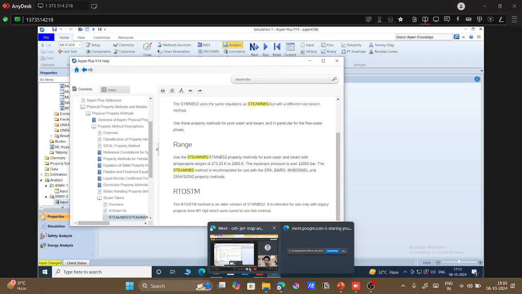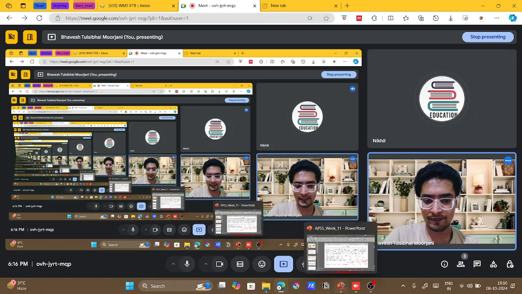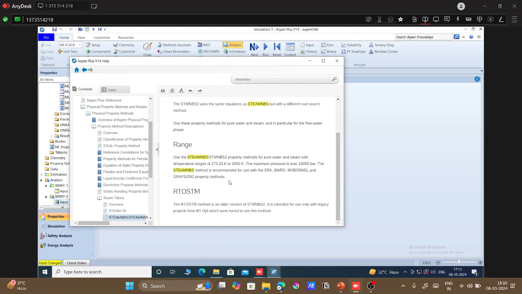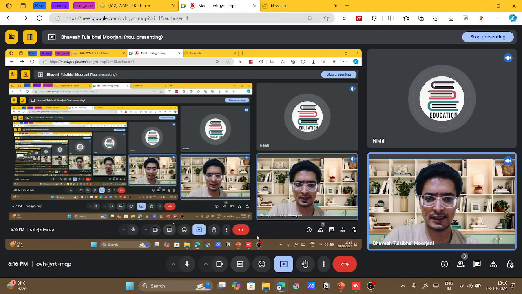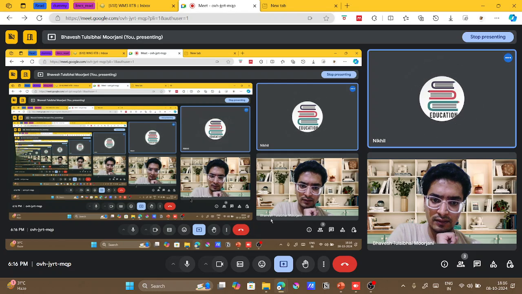So it could be the way this property estimation method is designed. The parameters that have been optimized for this method work best with SRK and this other method. So that could be the reason. Free water phase means, sir, there will be no water present in it?